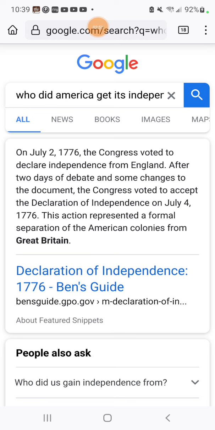So it says, after 2 days of debate and some changes to the document, the Congress voted to accept the Declaration of Independence on July 4th, 1776. This action represented a formal separation of the American colonies from Great Britain. All right, and this is why we have the 4th of July.